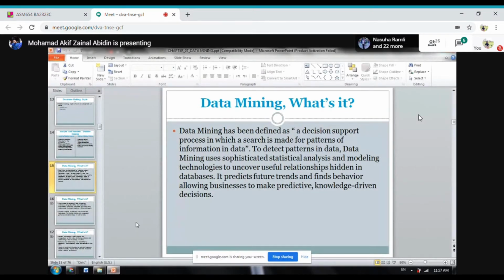The keyword for data mining in the scenario given will be hidden patterns. The word patterns of information is the keyword for data mining. Make sure you remember this. The word pattern, uncover useful information or hidden knowledge, knowledge driven, or predictive. These are the keywords related to data mining. Okay, next.